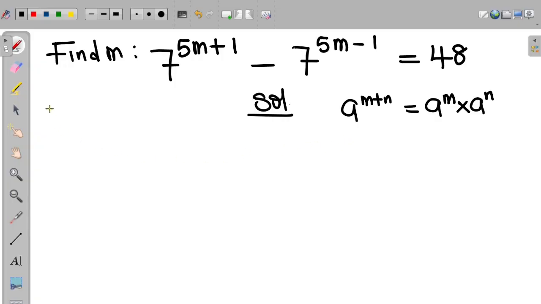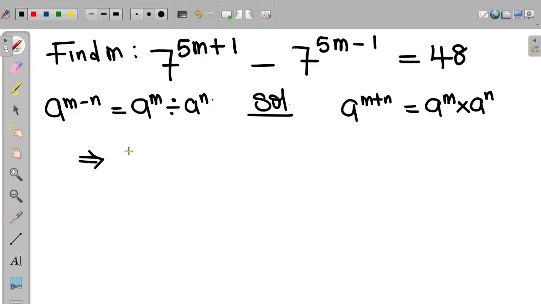Also, if I have a to the power of m minus n, this is equal to a to the power of m divided by a to the power of n. So we apply these rules at the left hand side.